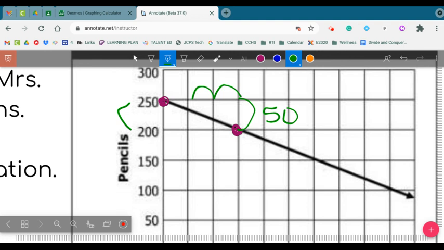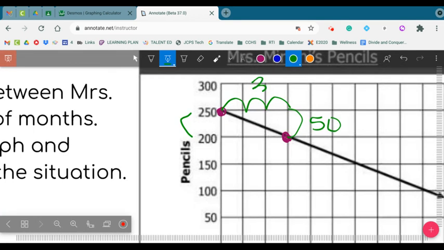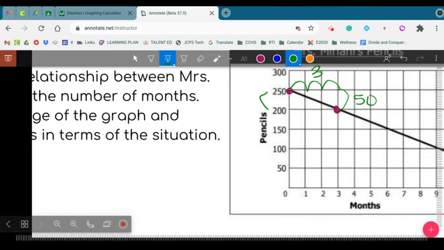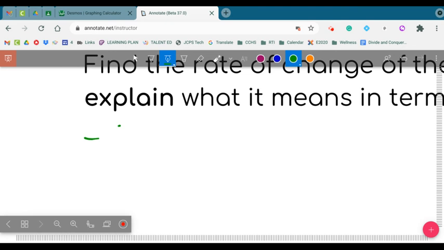And then we go 1, 2, 3. Those are going up by 1, so we can do 3. So your slope is going to be -50 over 3. What does this mean? Well, first, that is not going to simplify down into a whole number.